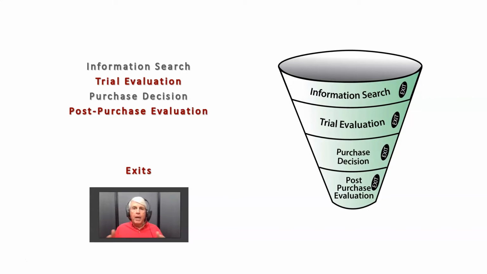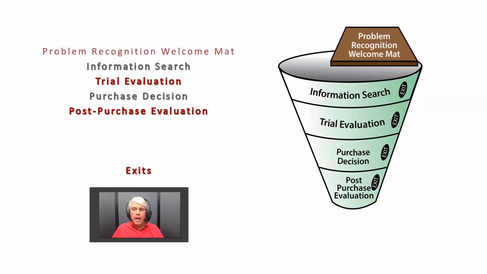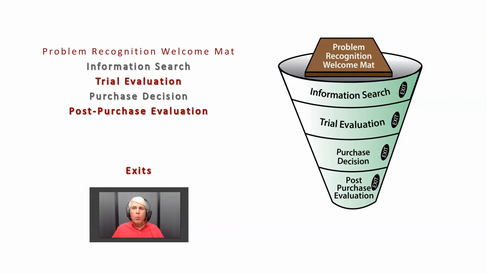Now, how do we get people here? Well, first of all, we have to give them something that they'll be able to recognize when they're here. So we're going to create a problem recognition welcome mat. Now, this is really important because what this is telling somebody is, wait, this is the place for me.